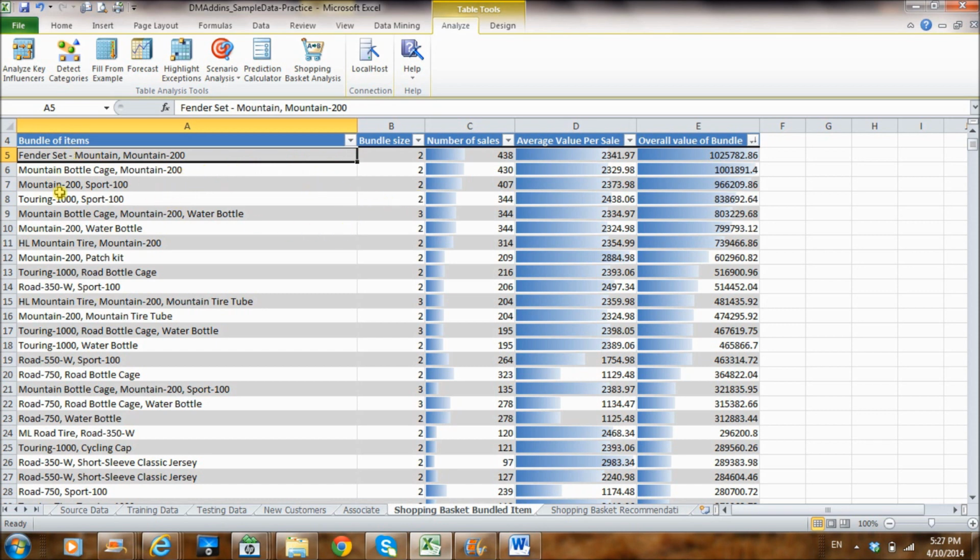So the first column over here shows a Fender Set Mountain, that's a product name, and the Mountain 200.